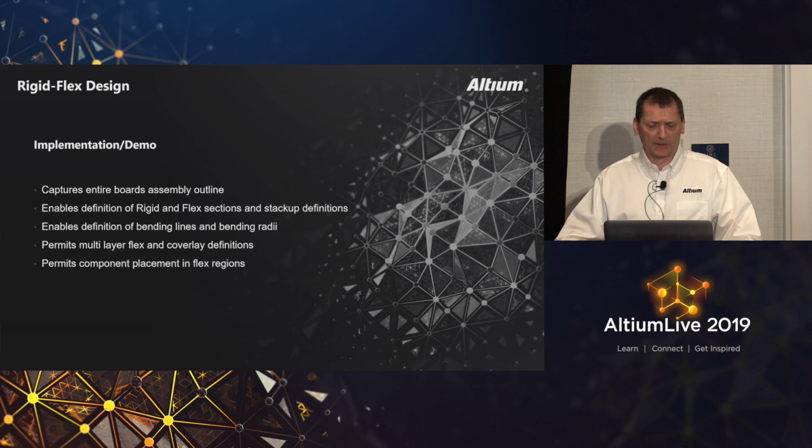And another big concern, placing components on flexible regions. That's desirable at times. Even embedding components into the flexible structure can be done. Altium Designer in general can handle embedded components quite well. So these are all things that you can achieve if needed for a demanding requirement.